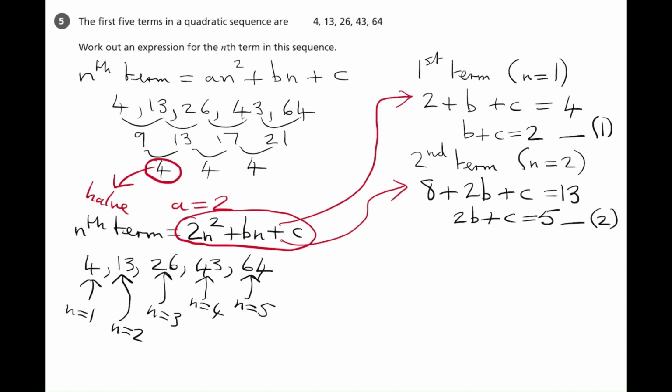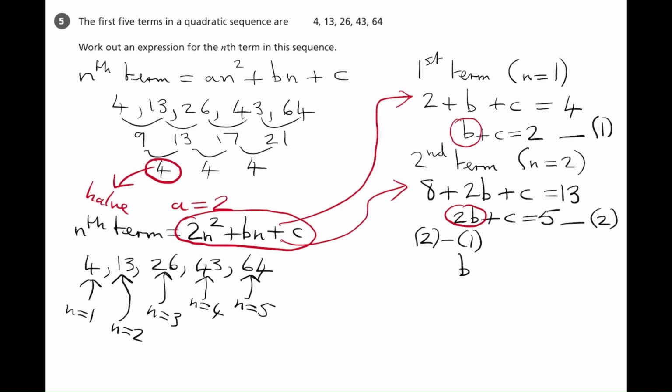So if we look at equation 2 and equation 1, we have simultaneous equations. They both have plus c in them, so if we subtract them, the c will vanish. So we'll find it better to take equation 2 and then subtract equation 1. So we have 2b in equation 2. We're subtracting b in equation 1, so that leaves us just 1b.